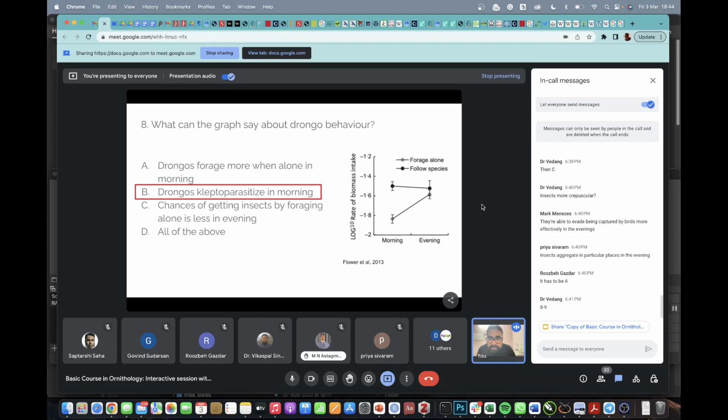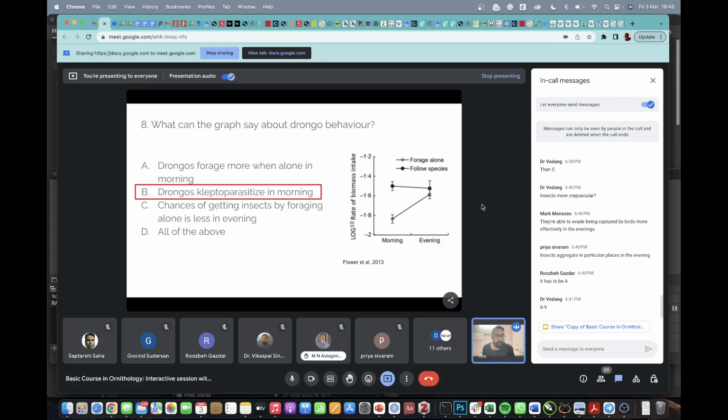When it forages alone, it actually gets less biomass. A is wrong. C, chances of getting insects by foraging alone is less in the evening. Actually, that's also not significantly less. It's less, but not significantly less as well. So that's also wrong. So B is right, kleptoparasitize in morning.